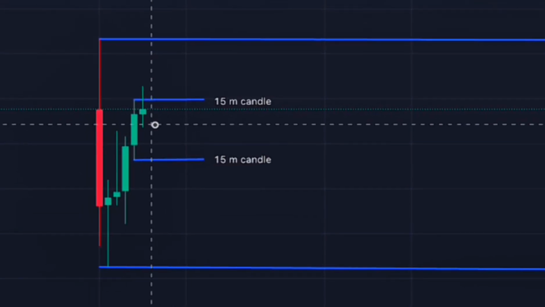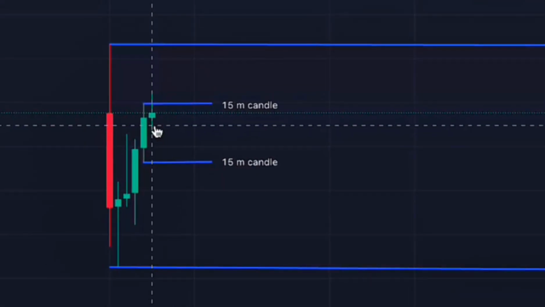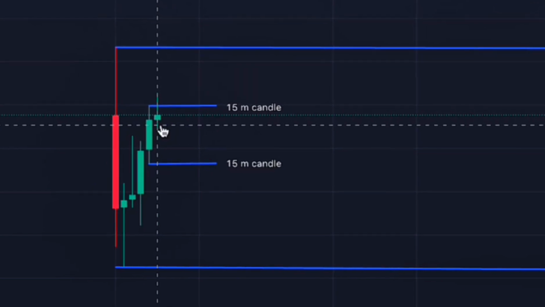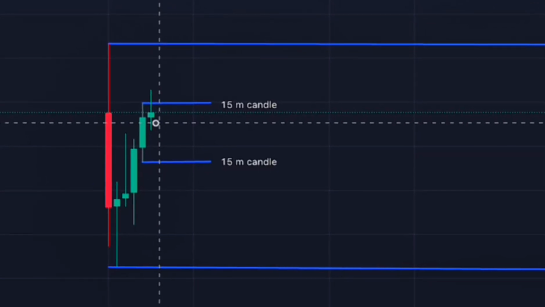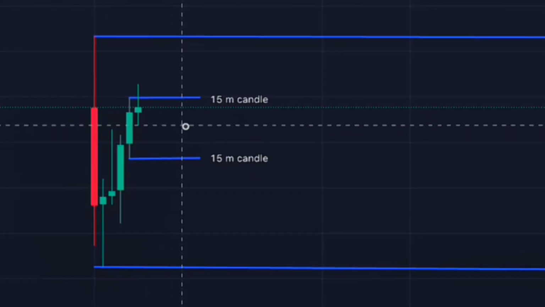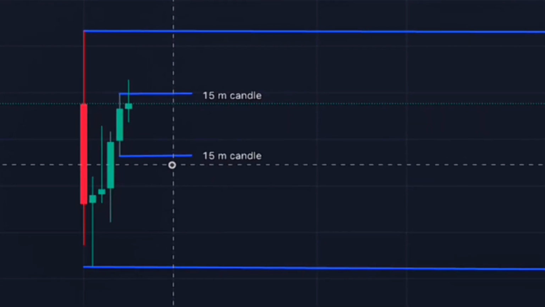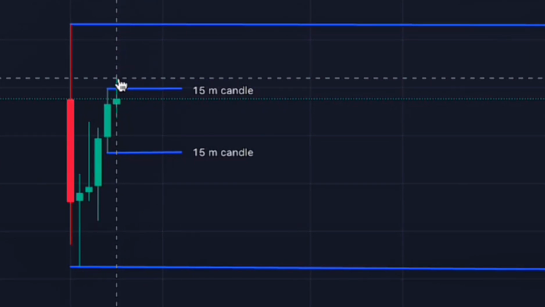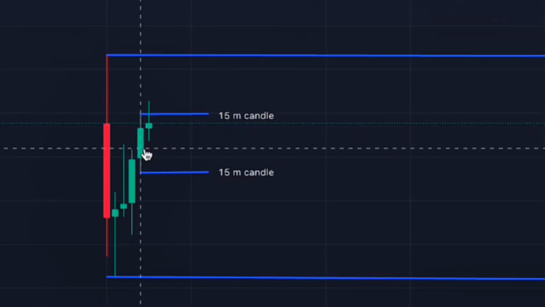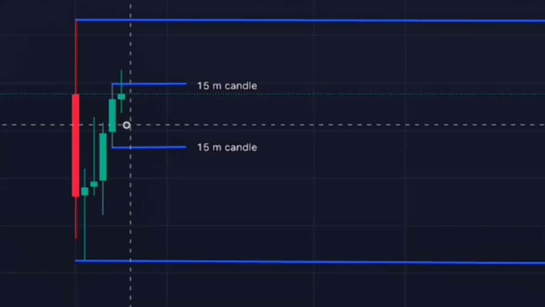So the first candle, I have another bullish candle here, a small bullish candle that was printed inside here. It closed inside the range of the 15-minute candle, but it had already grabbed the liquidity of this candle, the first candle that was printed.